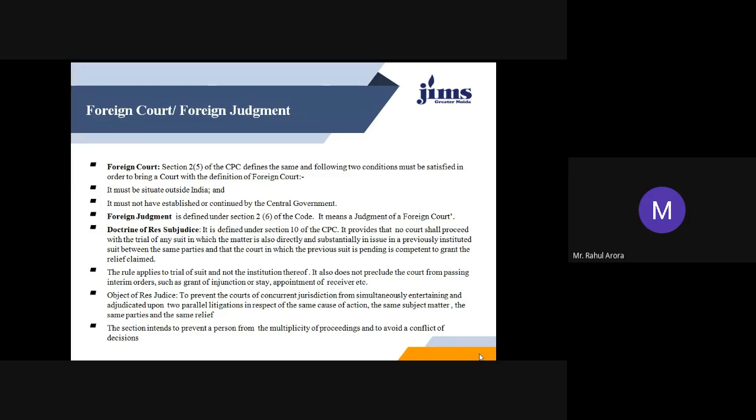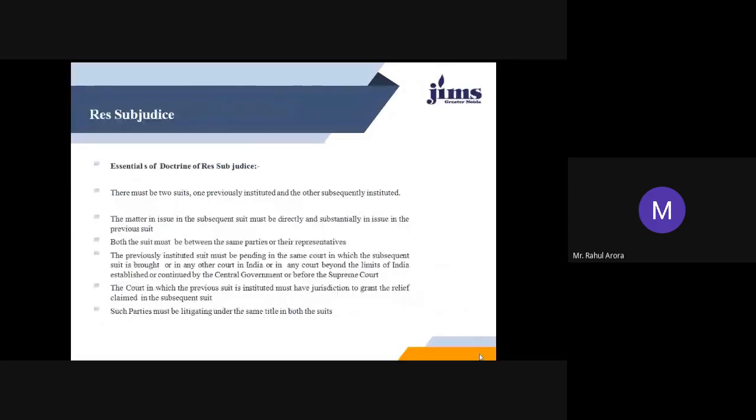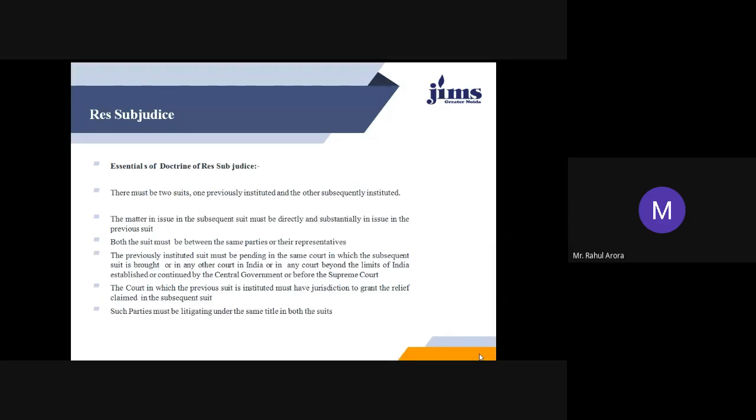Next, what are the essentials of doctrine of res subjudice? As you all are aware, for following a case under this particular doctrine, some points need to be satisfied, to determine whether the case would fall under the category of doctrine of res subjudice or not.